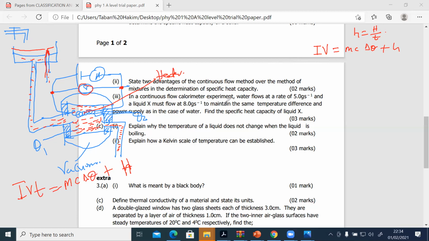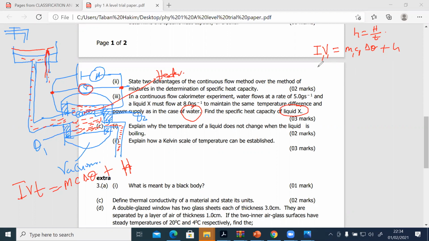Now, this experiment is carried out 2 times. So we shall have I1, V1, m1, c1. Here we're comparing 2 liquids, water and the liquid X. So I can call this c1. Otherwise, if it is the same liquid, then you will simply use c.